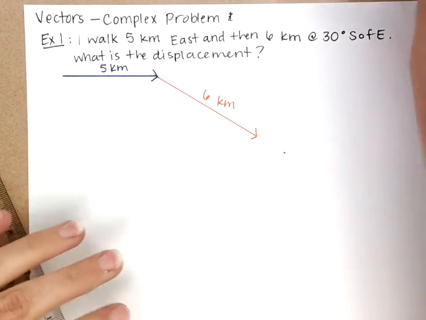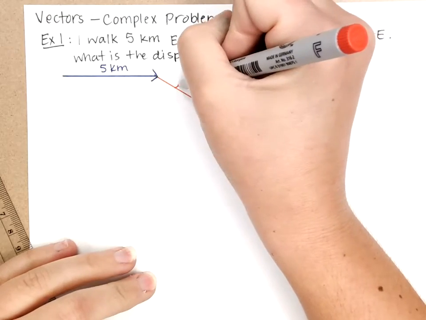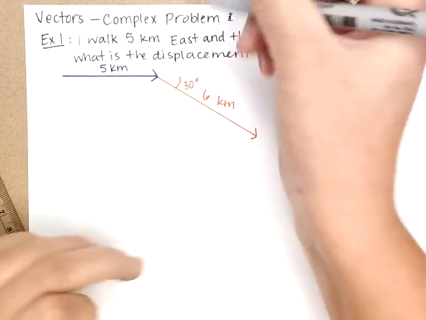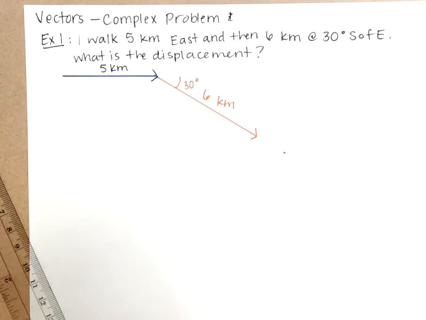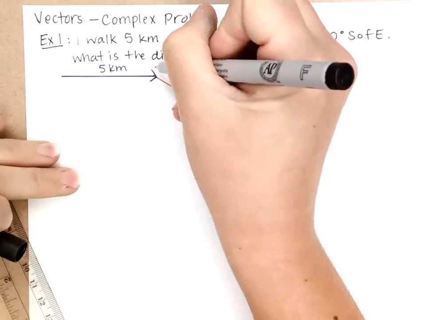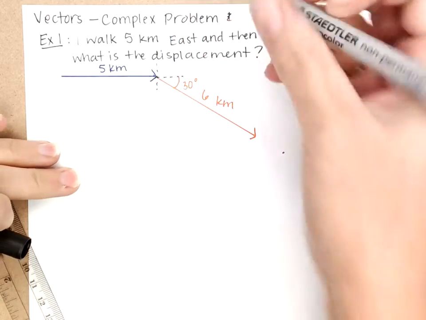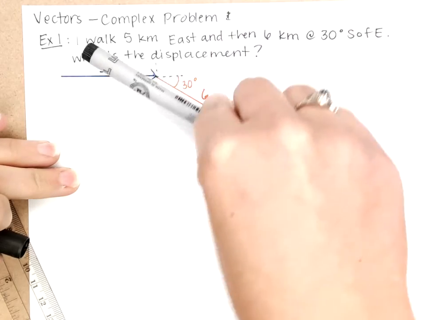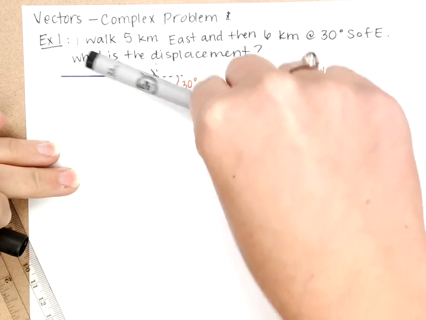Okay, let's go ahead and put in our angle. So this 30 degrees was right here, 30 degrees. So it's 30 degrees south of east. So we're going south of the easterly direction.